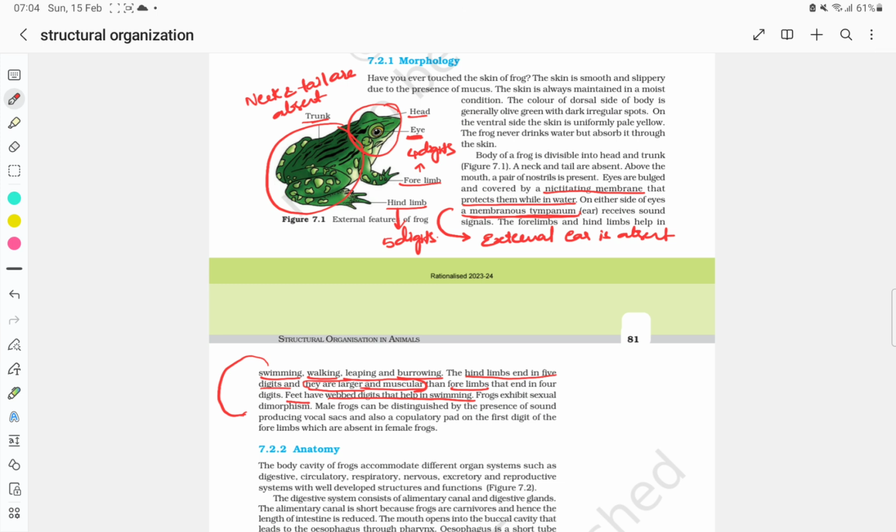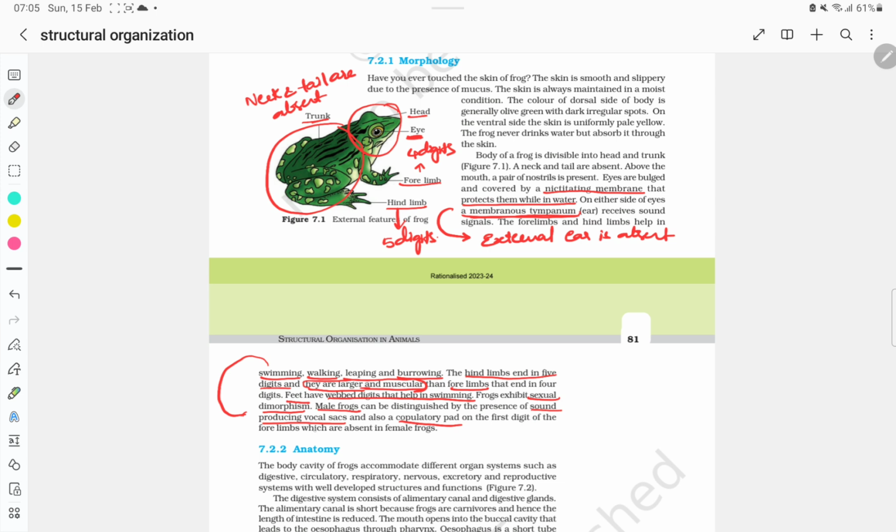And one more very important and frequently asked question is that frogs exhibit sexual dimorphism. So how do they have this sexual dimorphism, and what are those features? In male frogs we can find two extra things by which we can understand whether the frog is male or female. One is sound producing vocal sacs and also copulatory pad.